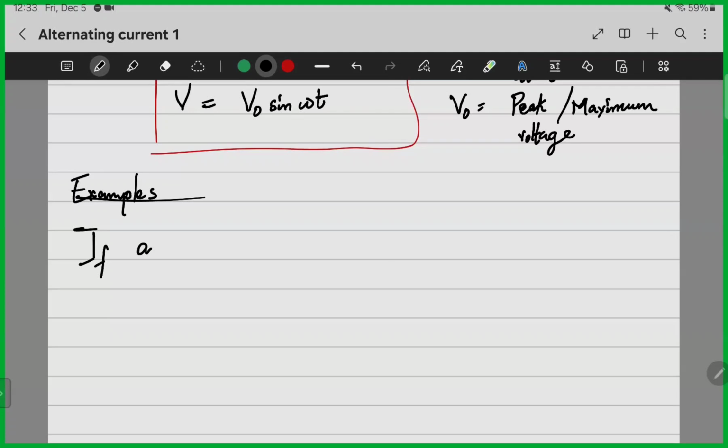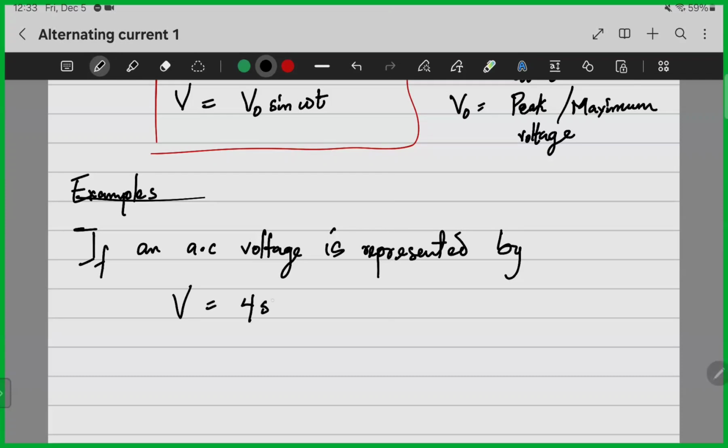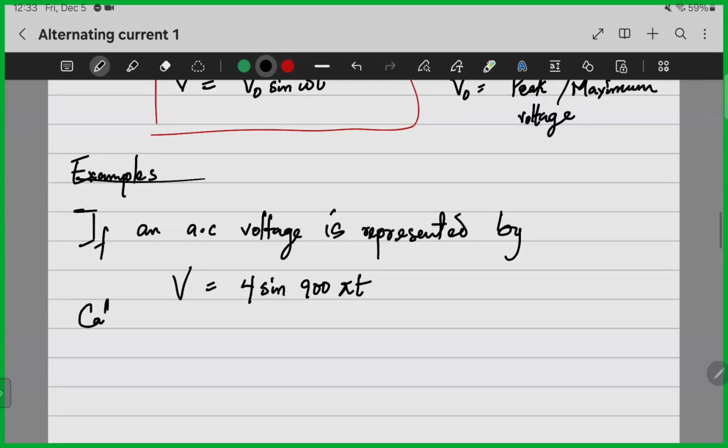If an AC voltage is represented by V equal to 4 sine 900 pi t, calculate the peak voltage and the frequency.